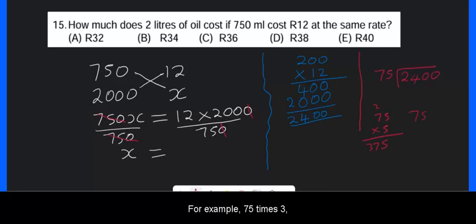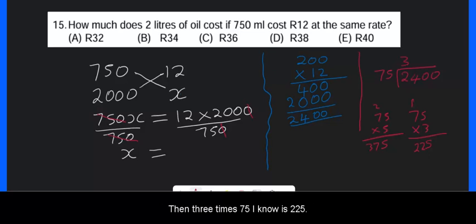Now I'm going to guess with 3, for example. 75 times 3. 3 times 5 is 15. Carry 1. 3 times 7 is 21, plus 2 is 22. So I guessed almost. So then I know that 75 goes into 240 3 times.